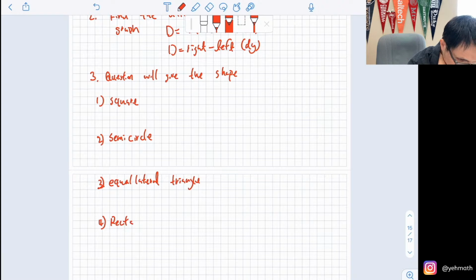And this could be a variety of situations. Rectangles don't have sides of equal length.